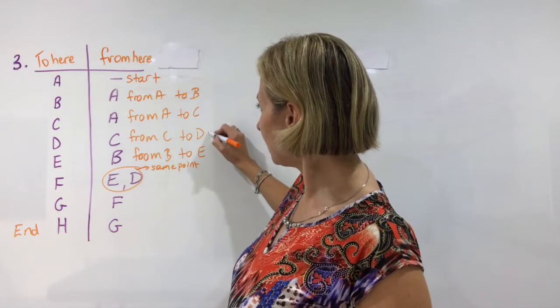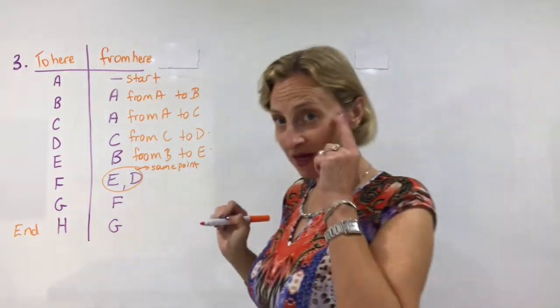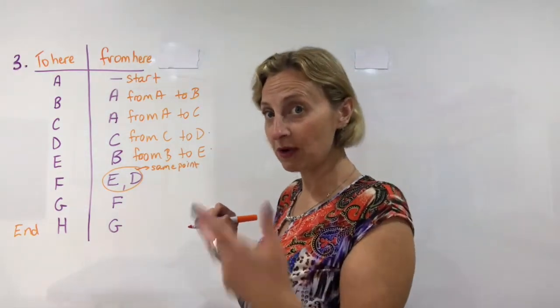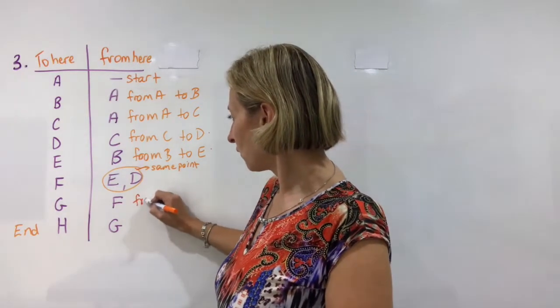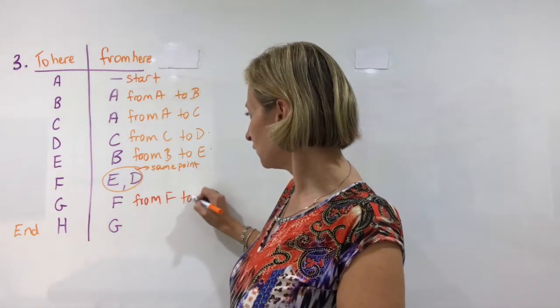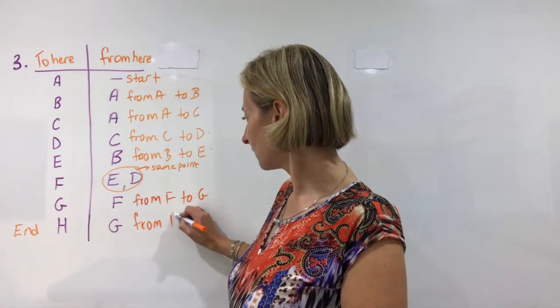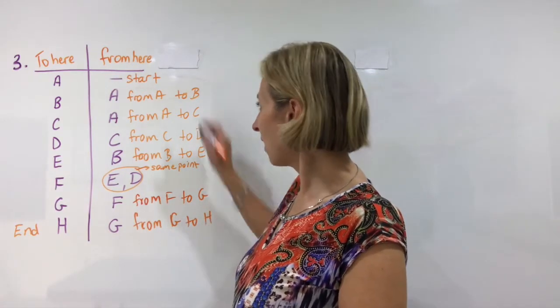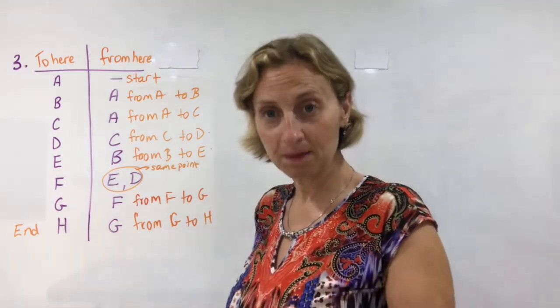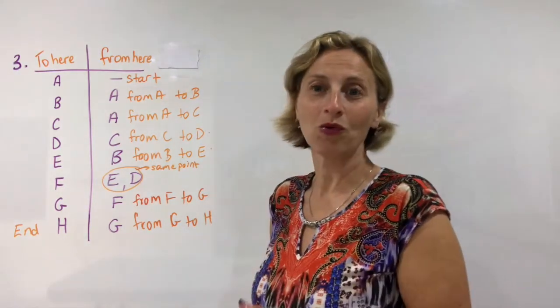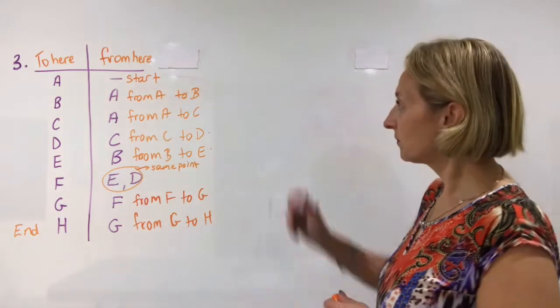They're up here, E and D. So we might want to think about that while we're doing the network graph. From F to G and from G to H. Remember, we're only writing this down to help us at the beginning. Once you get better at it, you're not going to need to write all those words down.